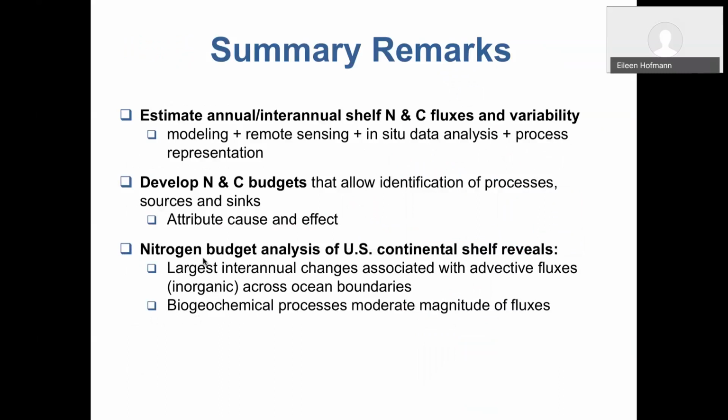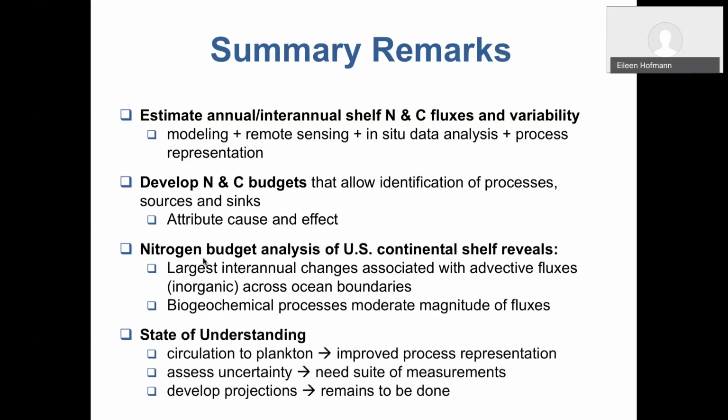From that, we can develop nitrogen and carbon budgets that allow us to identify processes, sources, and sinks, and to attribute cause and effect. The nitrogen budget analysis for the U.S. continental shelf shows us that, again, it's an advectively dominated system, at least for the inorganic nitrogen across the ocean boundaries, and the biogeochemical and biological processes on the shelf moderate the magnitude of those fluxes.